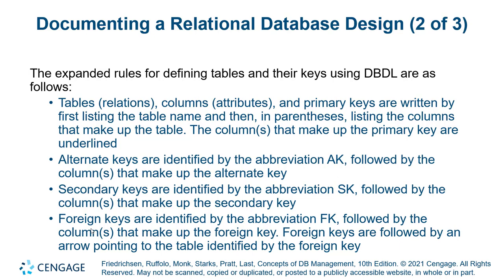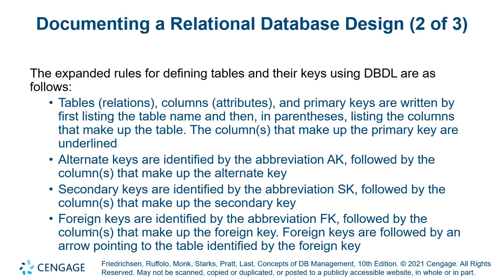Underneath the table line, we're going to have any alternate keys that we may have identified within our relation. We document that with the letters AK, an abbreviation for alternate key, followed by the column that makes up that alternate key.